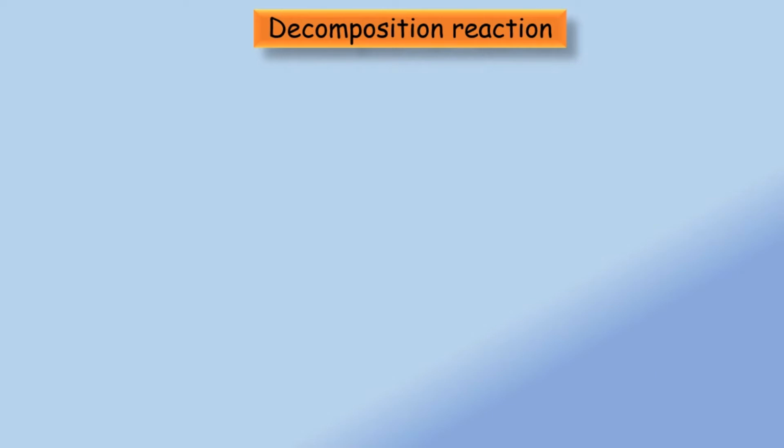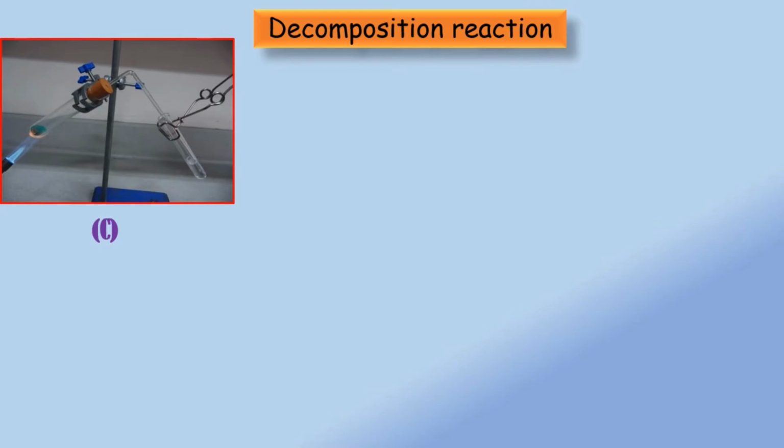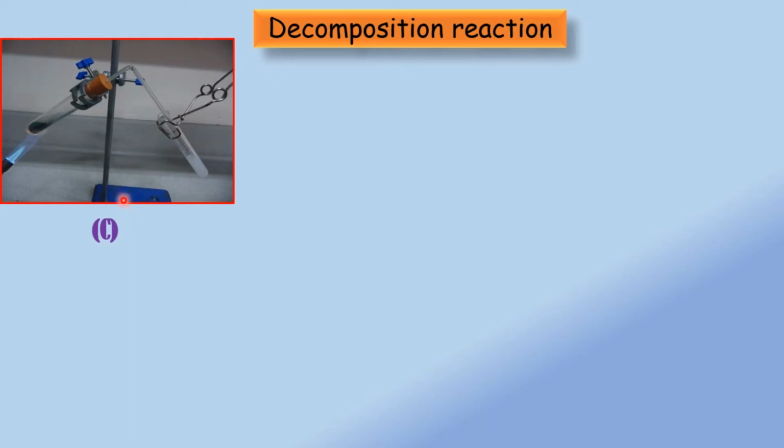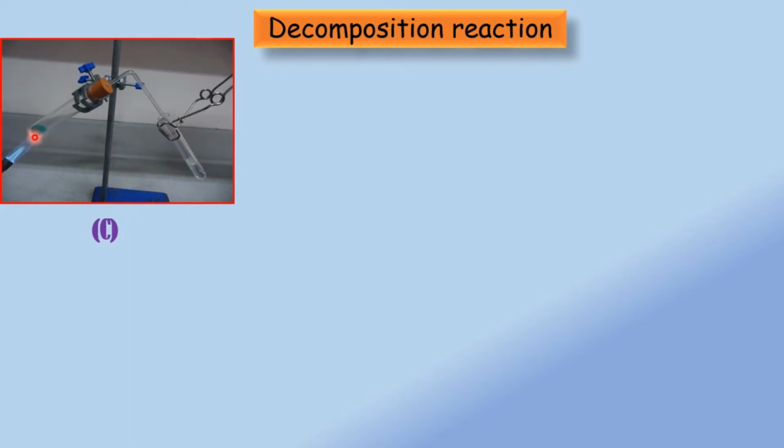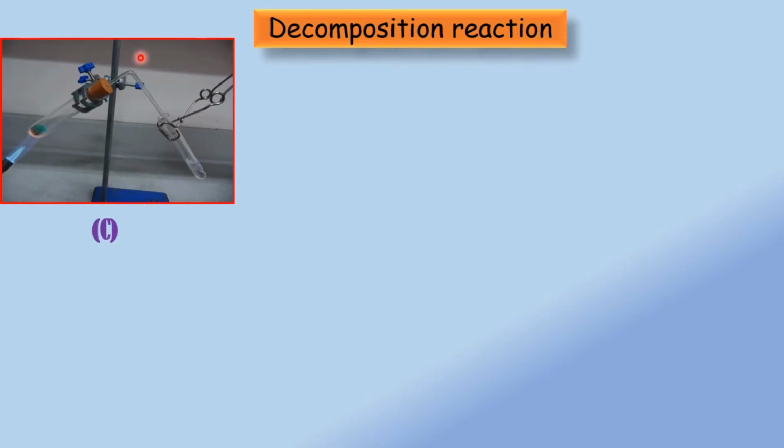Let us do one more activity to understand decomposition reaction better. Now here, as you can see in activity C, take some calcium carbonate in a test tube, fit a bent tube to this test tube with the help of a rubber cork.